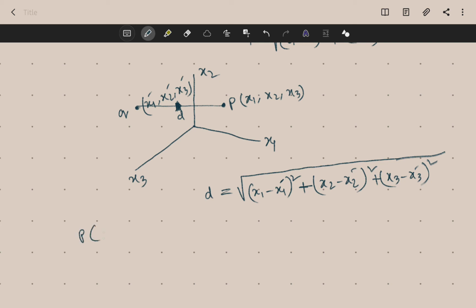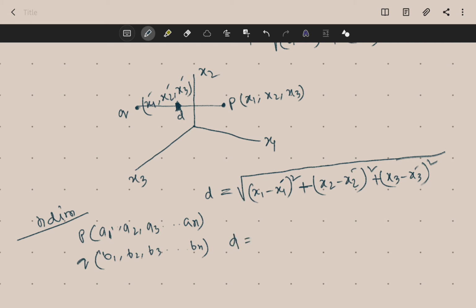Suppose I have a point p, say a1, a2, a3, up to an, vector p. This is n-dimensional space, as I am saying. And q is, suppose, b1, b2, b3, up to bn.